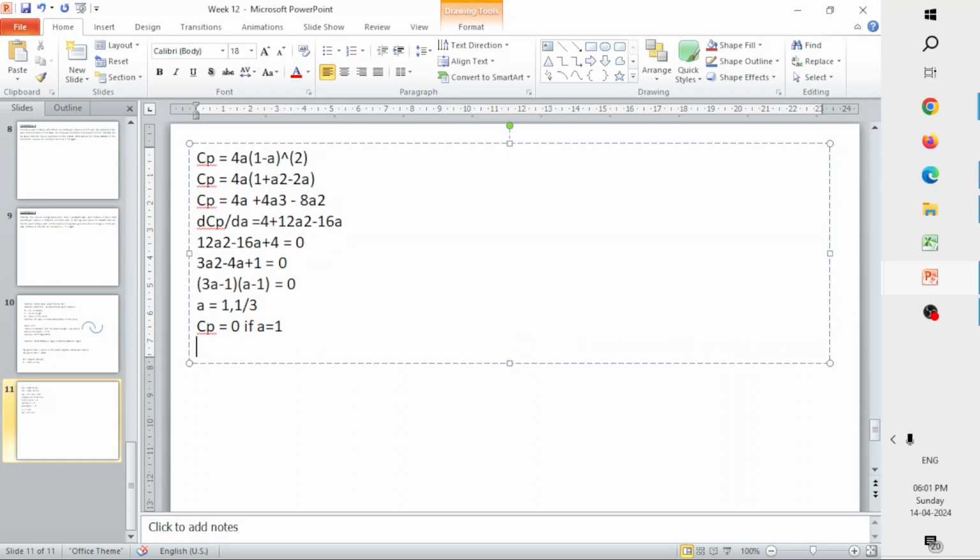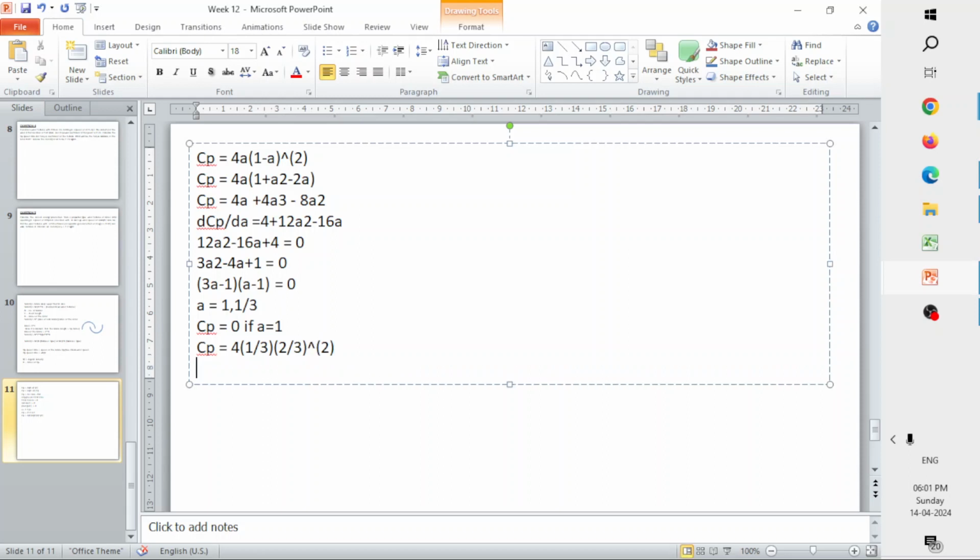So if you substitute the value of a as 1 by 3, you will get the Cp value as nothing but 4 times 1 by 3 into (1 minus 1 by 3) whole square, that is nothing but (2 by 3) whole square. 2 by 3 whole square is nothing but 4 by 9.